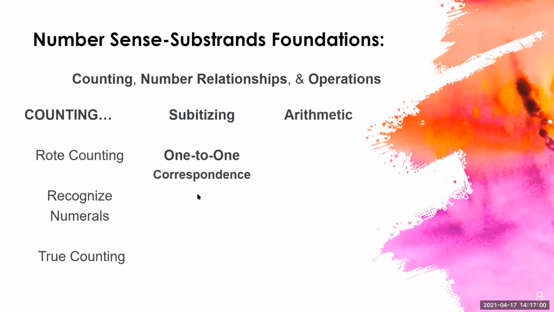Arithmetic, that's problem solving of adding and subtracting in small quantities, usually for young children. Cardinality is when children understand that the last number counted represents the quantity as a whole. And then also quantity, that numbers represent quantity.